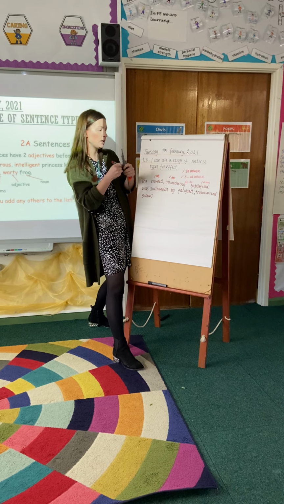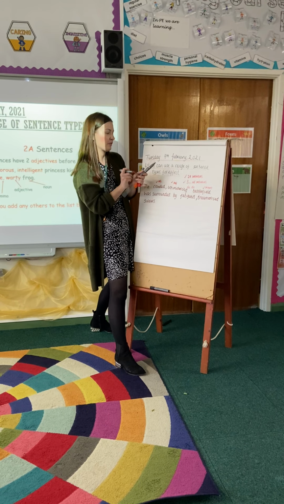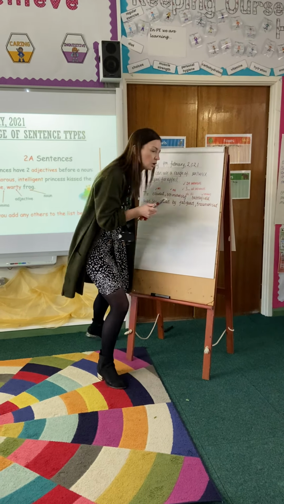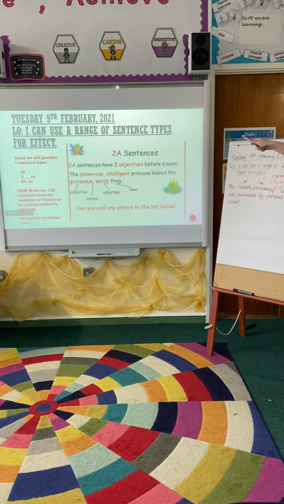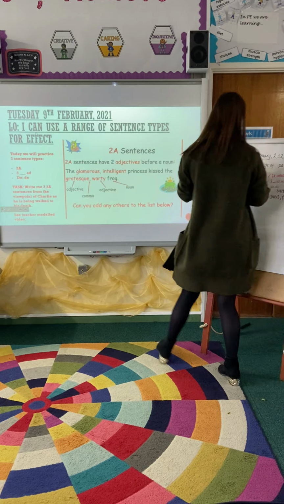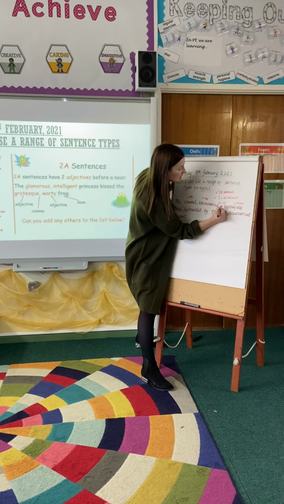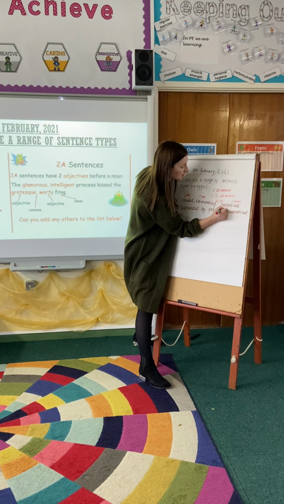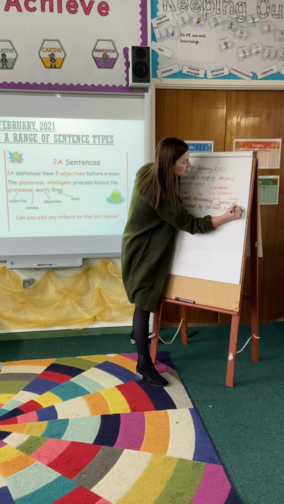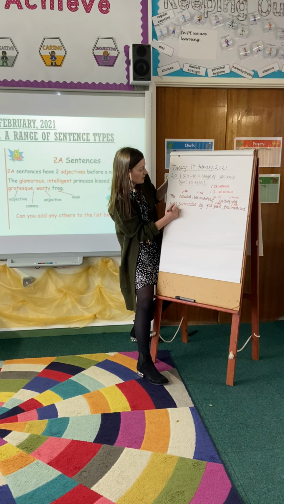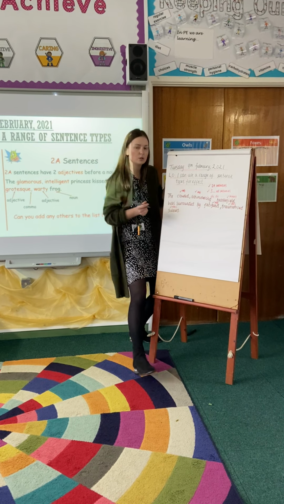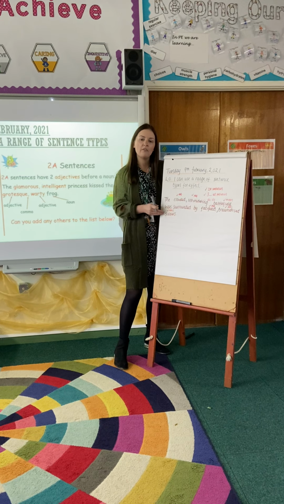I'm going to check again. I'm going back to check the structure of that 2A sentence. So if I look at the board, 2 adjectives and a noun. Have I got another 2 adjectives and a noun? Well, I've got fatigued, so that's an adjective. I've got traumatised, that's an adjective. And I've got my final noun. So you can see my example there of a 2A sentence.